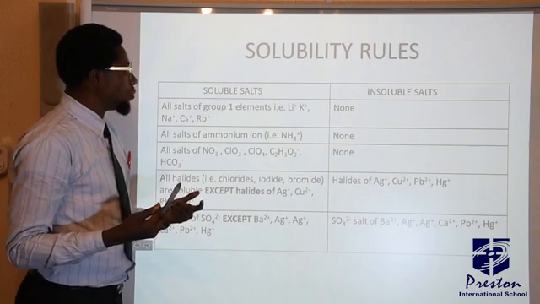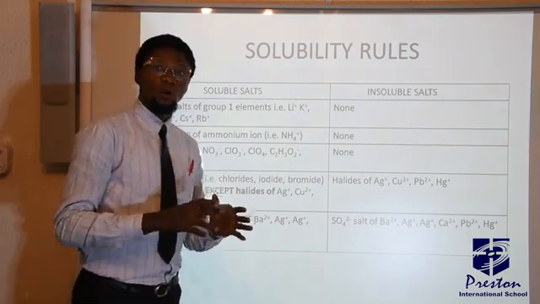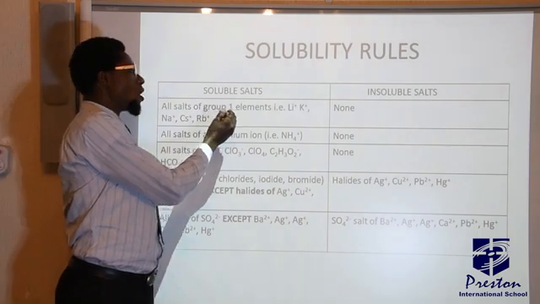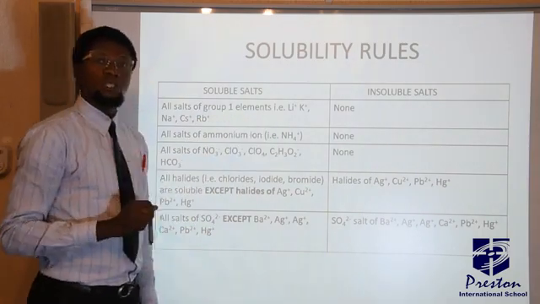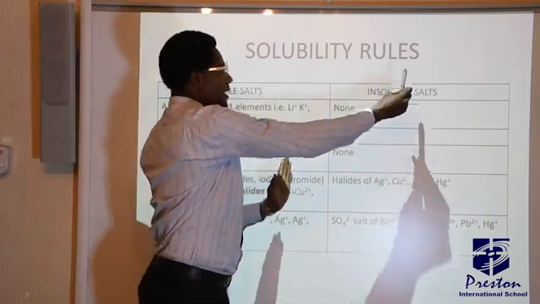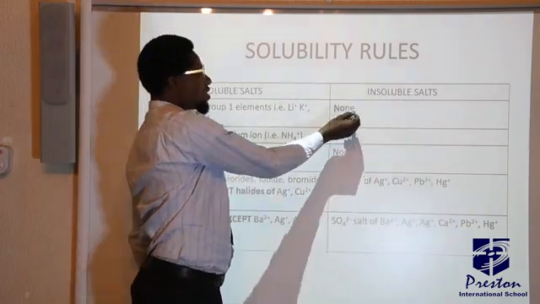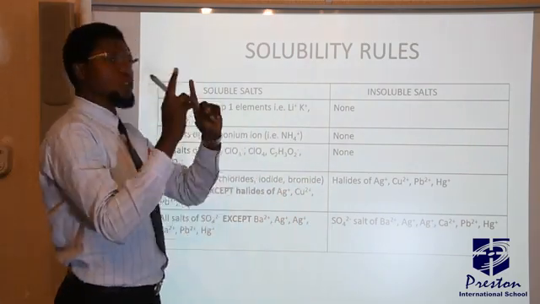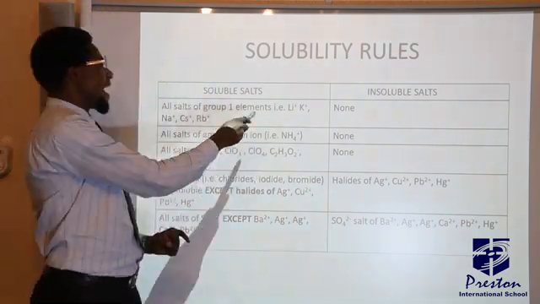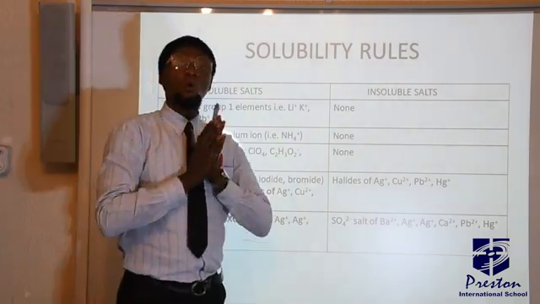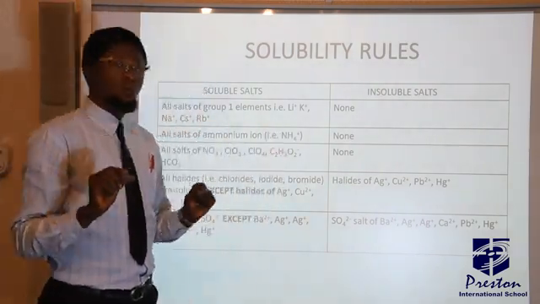All these are examples of salts that are soluble in water. So anytime the salt is having the group 1 element, then such salt is said to be soluble. And when you look at the insoluble aspect of the salt, can you see we wrote none here? This means that there is no salt containing any of these group 1 elements that is insoluble in water. All of them are soluble in water.